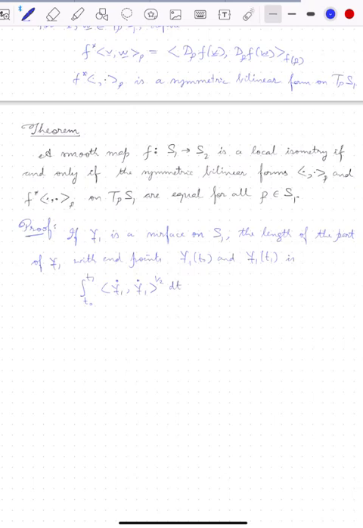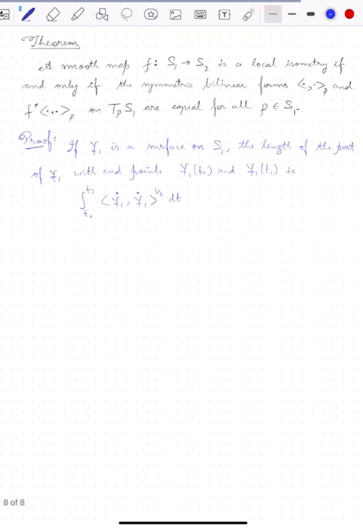So that is the length of the curve on S1 between the limits. Now say the length of the corresponding part of the curve after applying the smooth map, which is of course gamma 2, obtained by the composition of F and gamma 1.